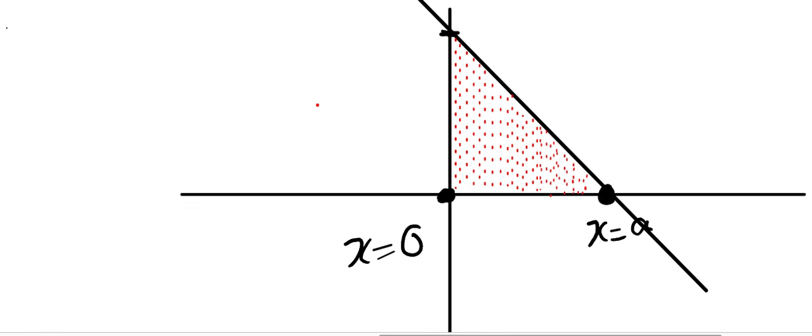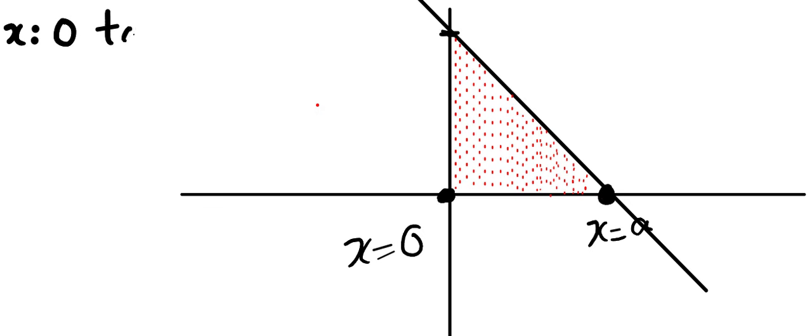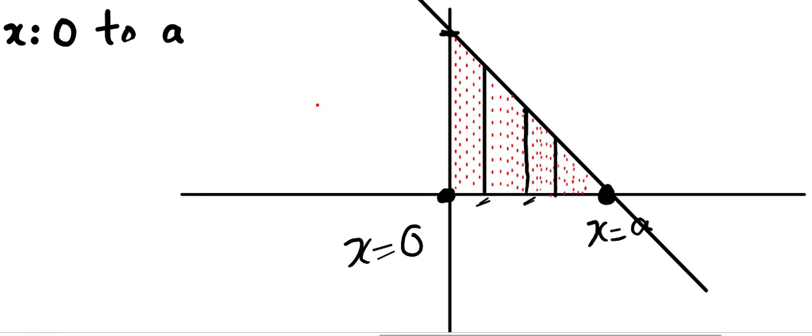So I'm going to write x varies from 0 to a. And then I'm going to write y varies from. Can you tell me? Y is a variable. It's obvious because look at this. At every point, the height keeps on changing. The height here and the height here are different. So I'm going to write the height like this.